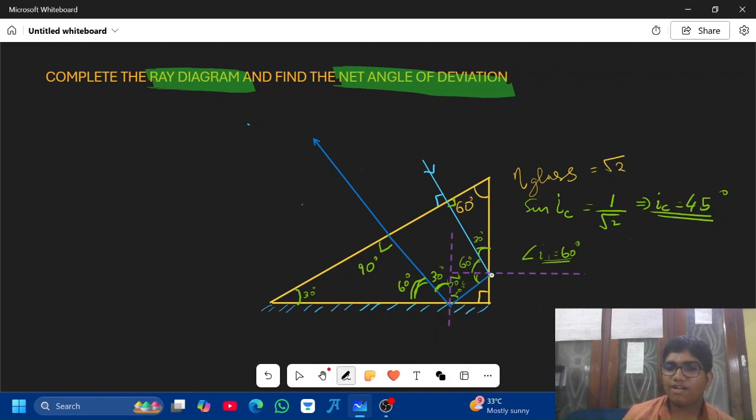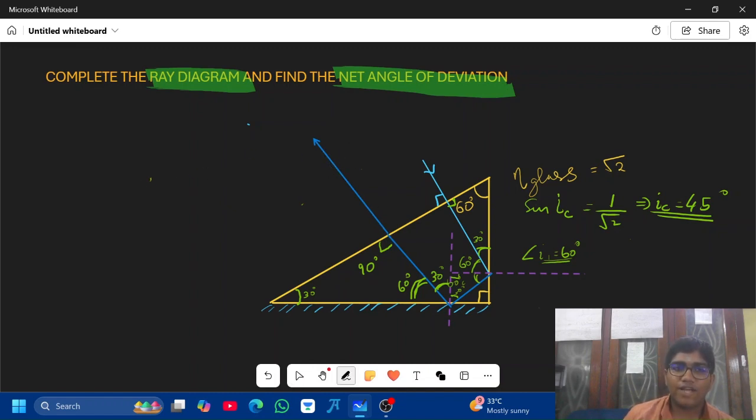Due to total internal reflection, the ray gets reflected and is incident on the mirror face. On reaching the mirror face, the angle of incidence will be 30 degrees, because this is 60, 60, 90. So the angle of reflection will be 30 degrees. Glancing angle is 60 degrees. Therefore, the angle of incidence back on the hypotenuse will be 90 degrees. And due to normal incidence, the ray will pass straight out of the prism.